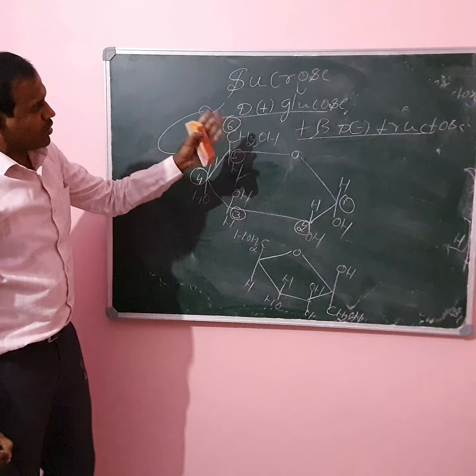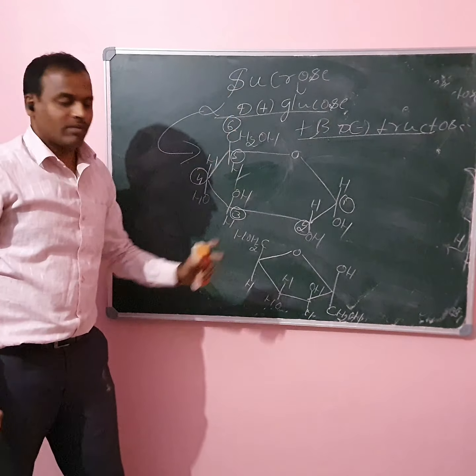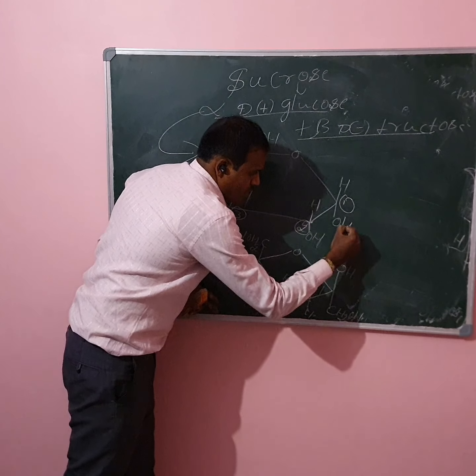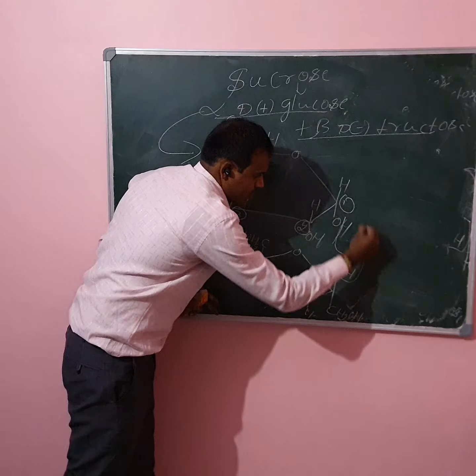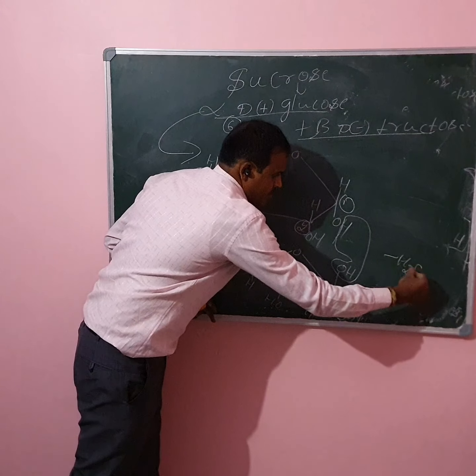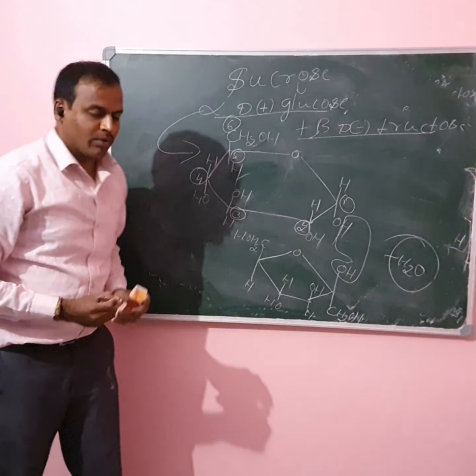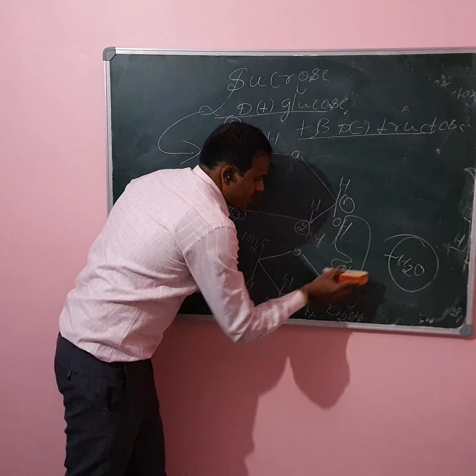You already know sucrose is formed with removal of H2O, one oxygen and two hydrogens. H2O is removed here, and there are small changes.